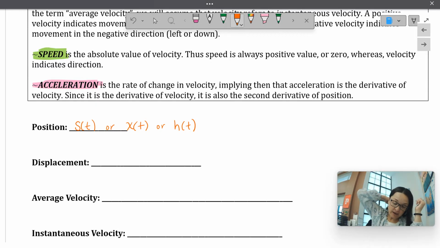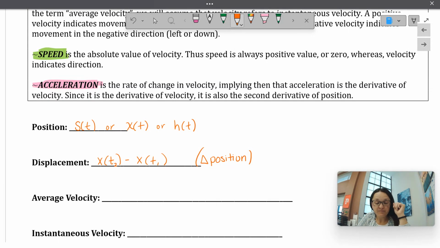Displacement is the net change in your position. So that's going to be X of t2 minus X of t1. Okay, and remember displacement is your change in position. I could have used X or H or S, doesn't matter.